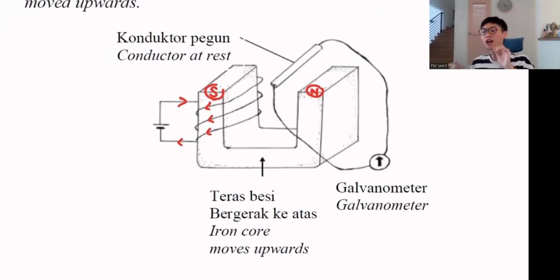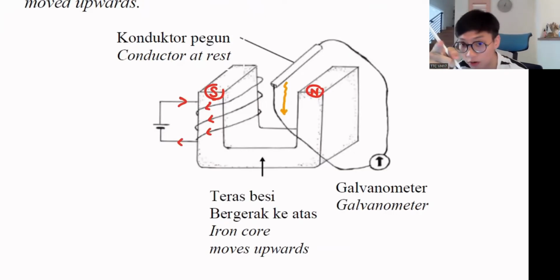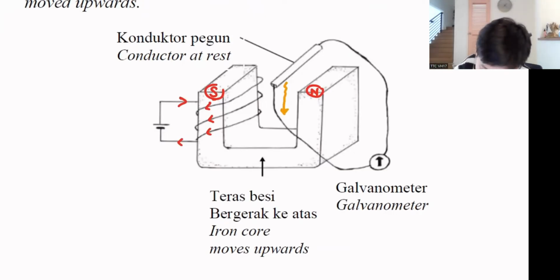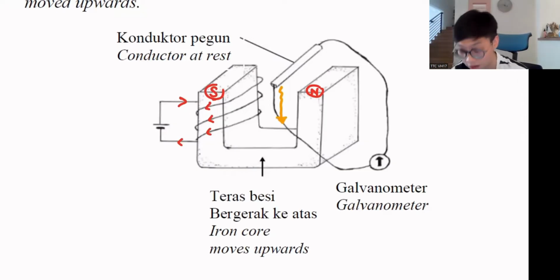Now guys, if I move my iron core upwards, this also means that I move my wire downwards. Correct or not, guys? If I move my core upwards, this also means that I move my wire downwards. Correct or not? Correct.